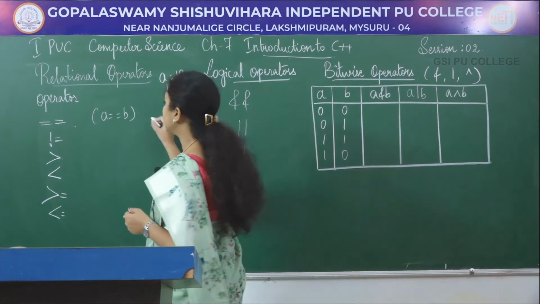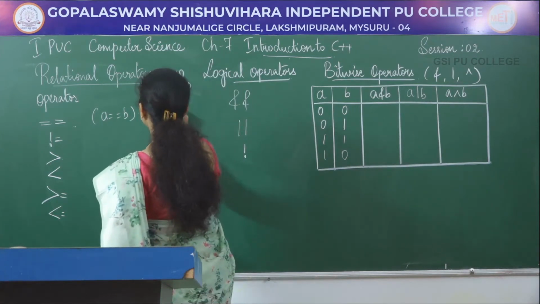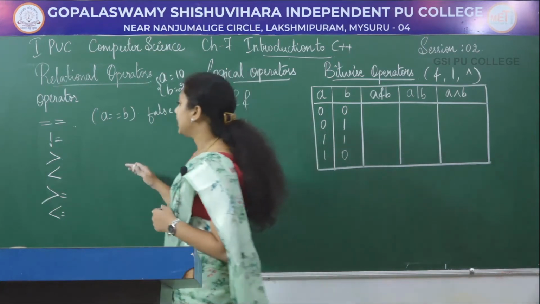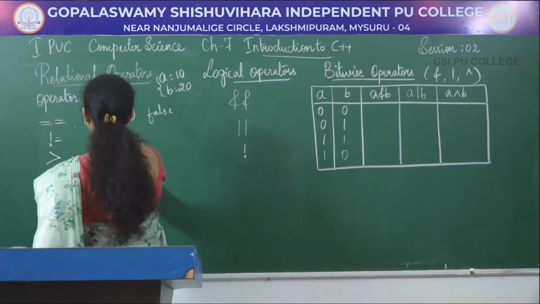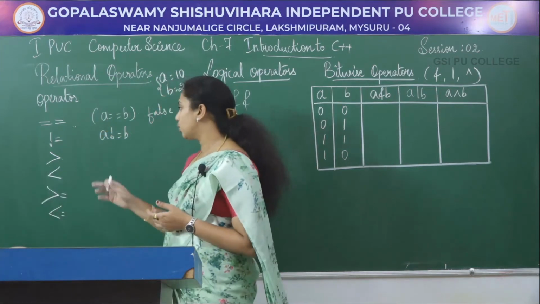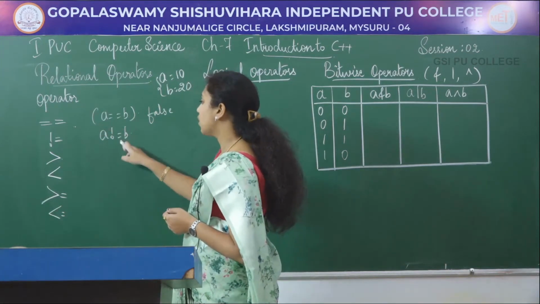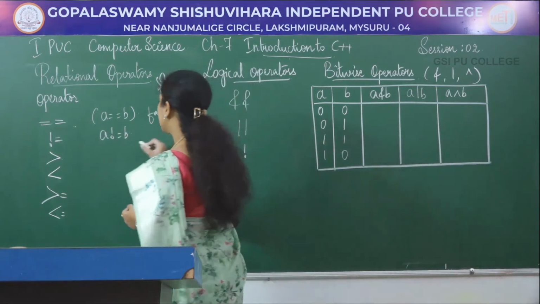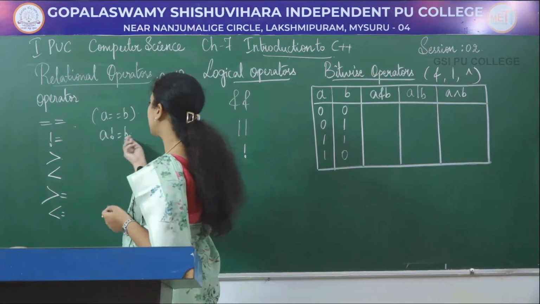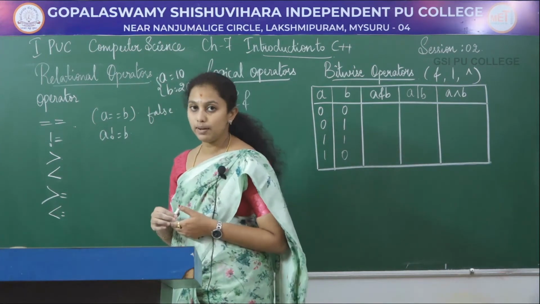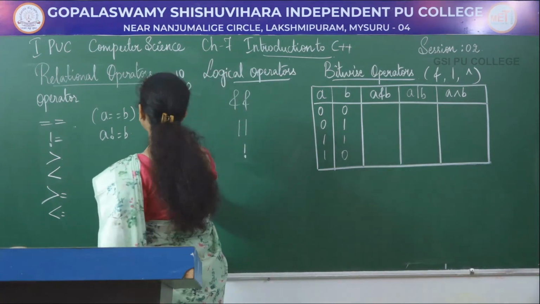The output will be false because the values of these two operands are not the same. The next operator is a != b, which checks if the value of the left operand is not equal to the value of the right operand. What will be the output? Yes, 10 is not equal to 20, hence the output will be true.